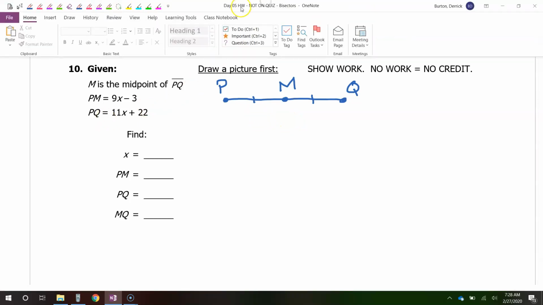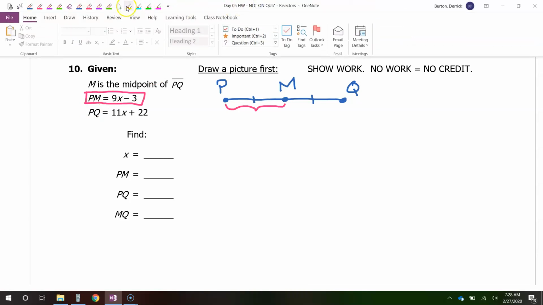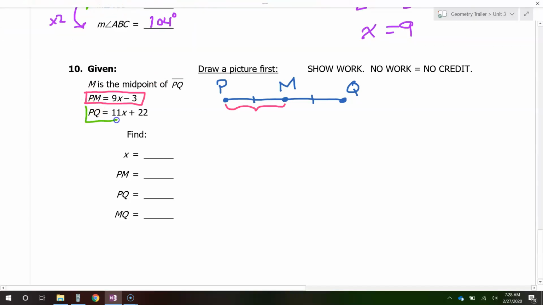So let's see what we're talking about. PM is 9x minus 3. PM is this part right here. Now PQ is this part right here. So we have to decide, are we going to use half equals half or 2 halves equals a whole?